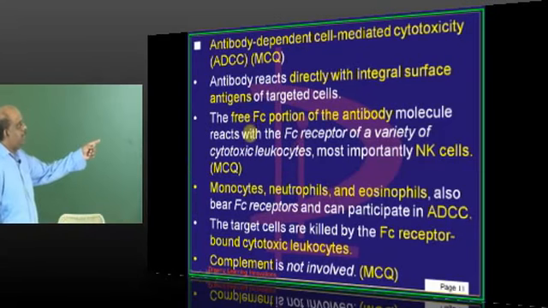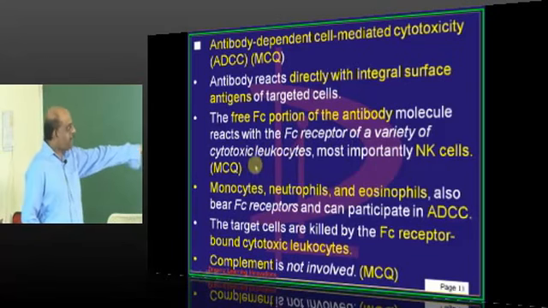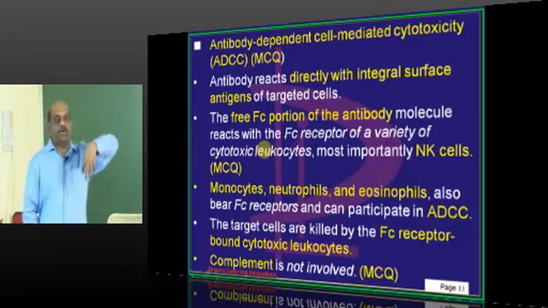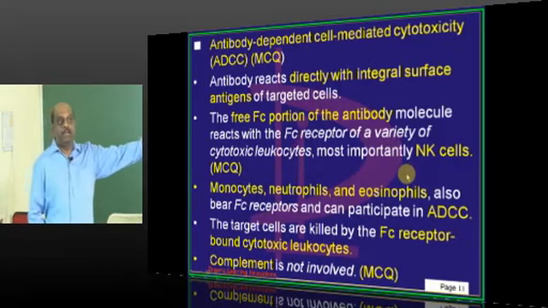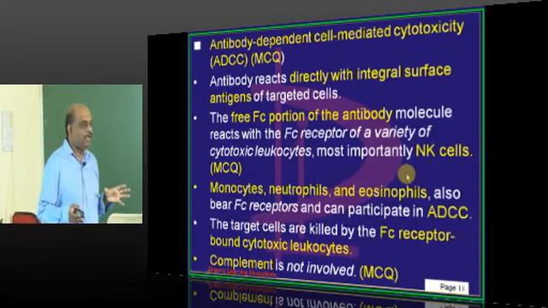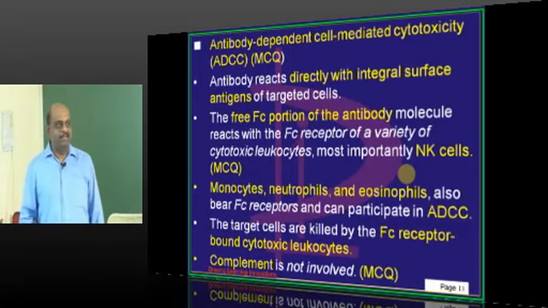The free Fc portion of that antibody molecule reacts with the Fc receptor on the cytotoxic leukocyte, and the leukocyte's attention is drawn towards the tissue. It will go and attack it.